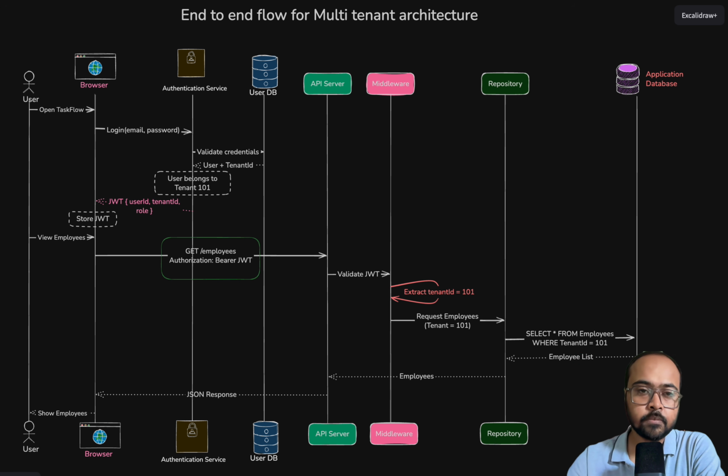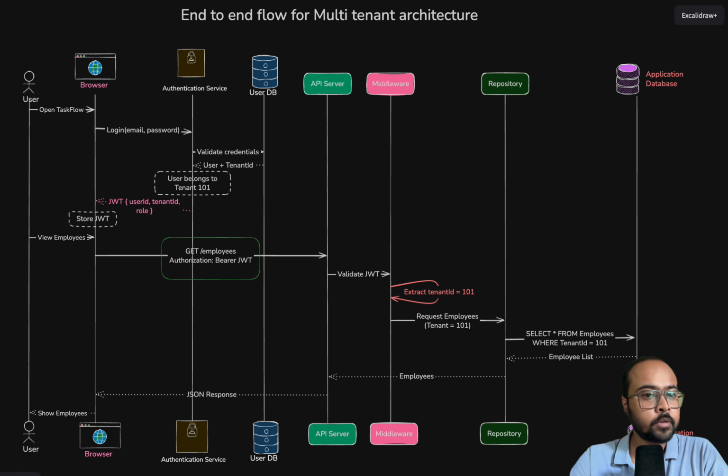So this is the main architecture diagram, and I think this is the critical flow. In the users database you already have stored all the users' information along with the tenant ID, which tenant they belong to. Whenever a user tries to log in, you fetch the user information along with the tenant ID, and you create the token and store the tenant ID in the token itself.